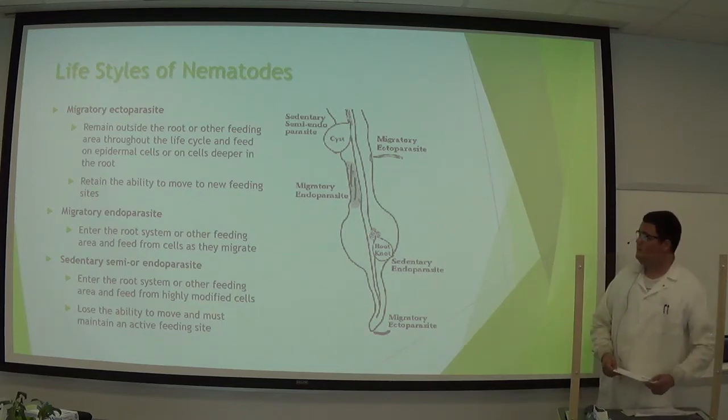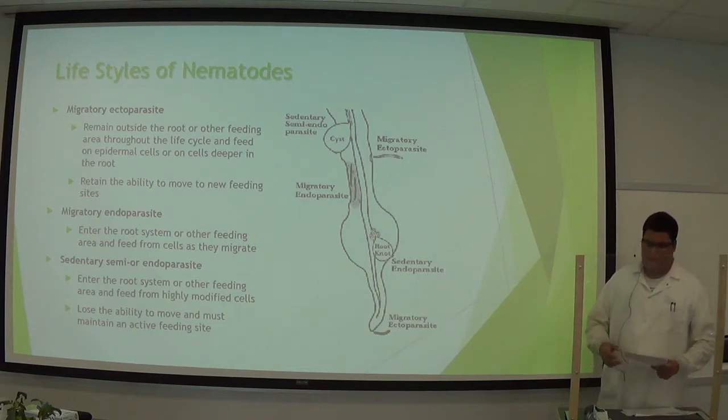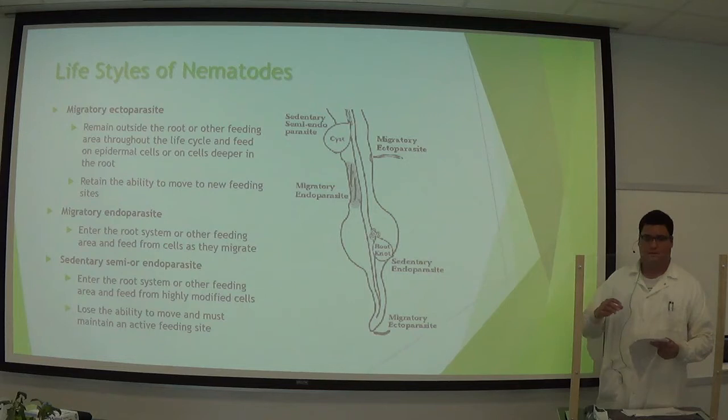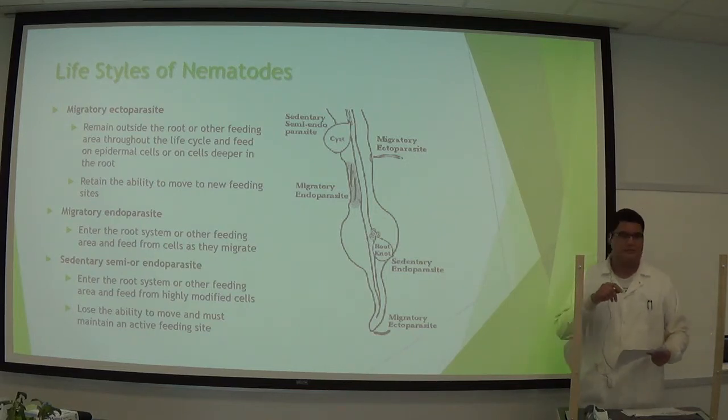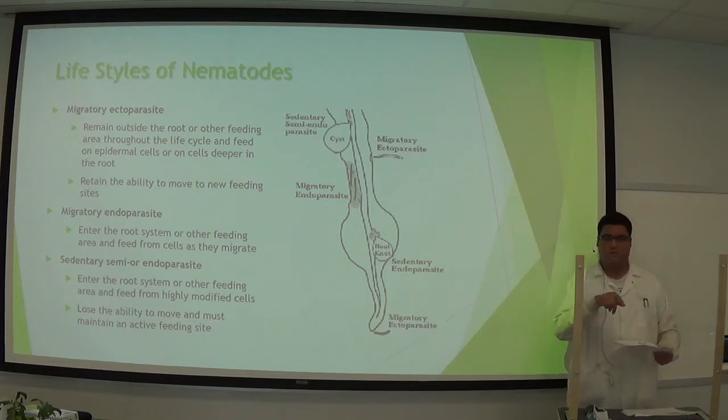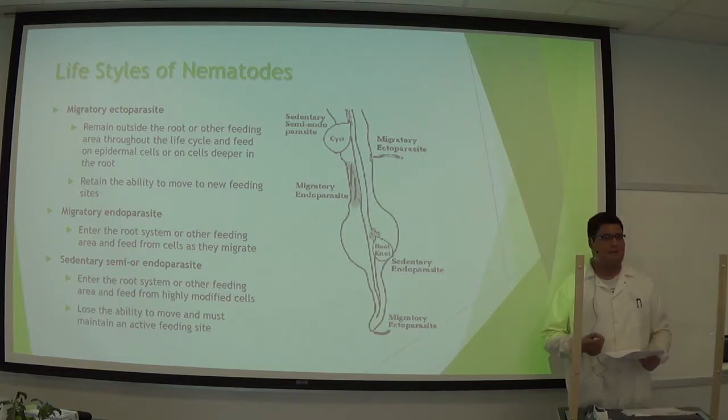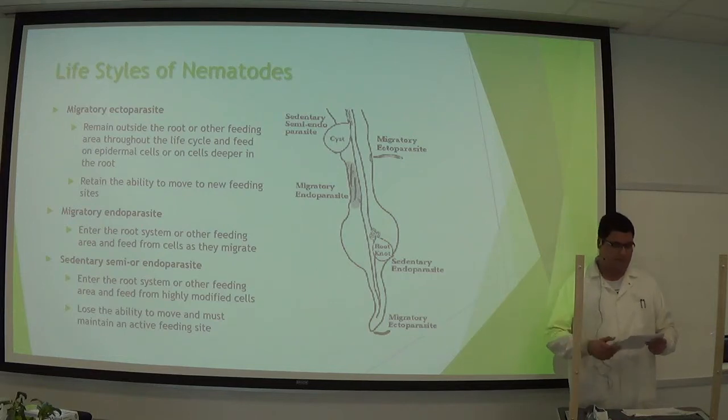These will be on the outside of the root, and their whole life cycle will be outside the root. They use a stylet, which is kind of like a little syringe that they use to stab the plant cells, where they inject enzymes that break down the cell and digest it for them, and then they use that stylet again to slurp it all up.